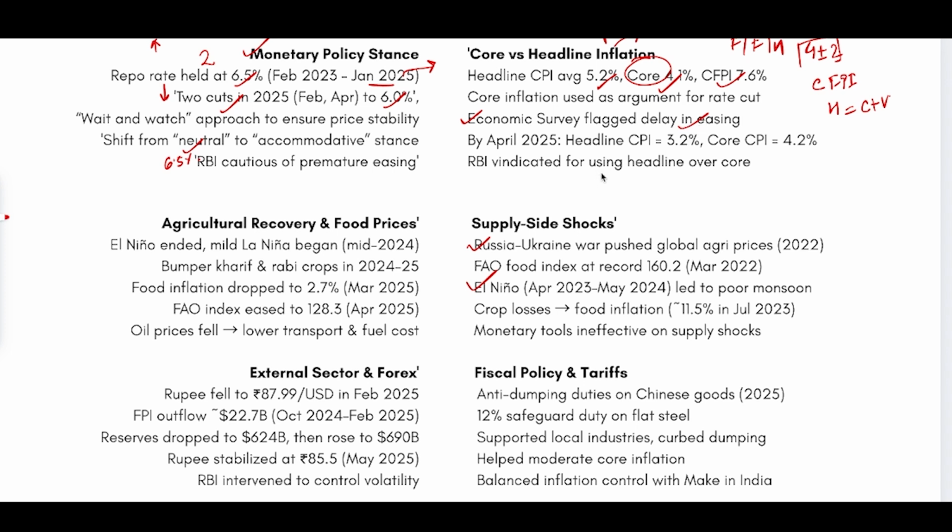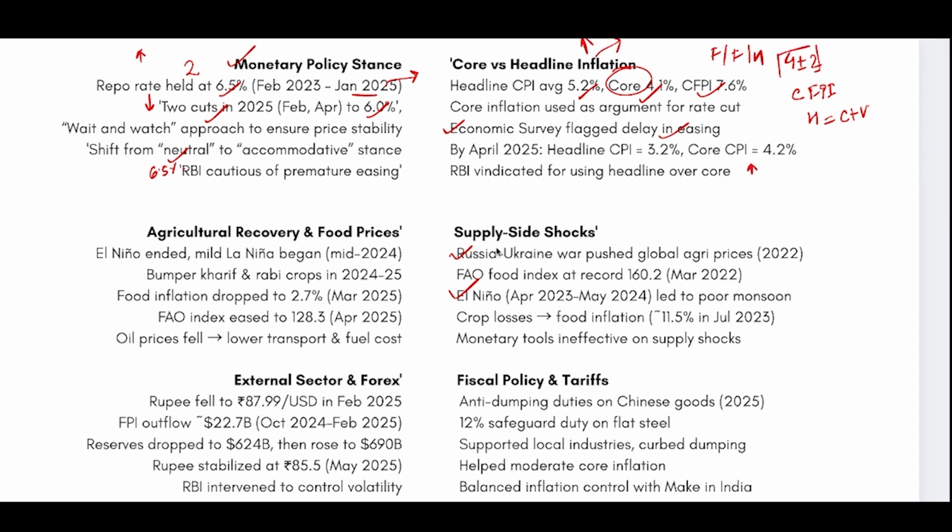However, the RBI was extremely cautious, with headline inflation still at an elevated level of 5%. In fact, RBI Governor Shaktikanta Das often emphasized that the mandate is headline CPI, and persistent food inflation can lead to second-round effects, higher wages and higher input costs, that eventually push core inflation up if left unchecked.